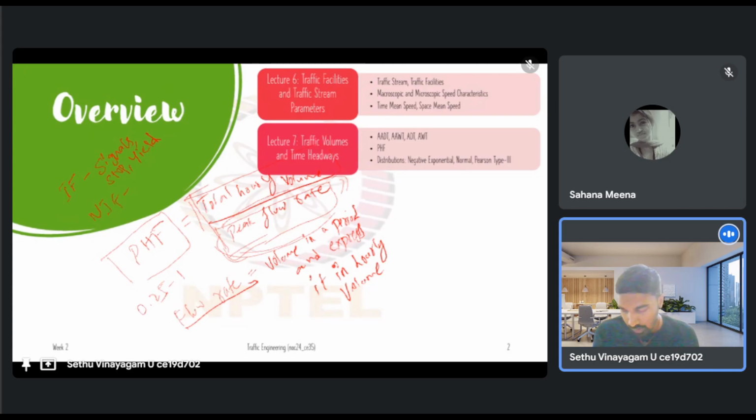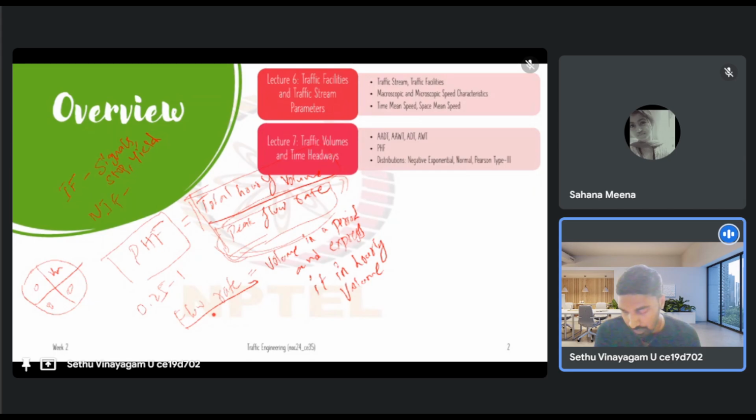Why? Say you're measuring the volume every 15 minutes. When can this peak flow rate be higher? When some particular period has a maximum flow, and every other period has zero flow.